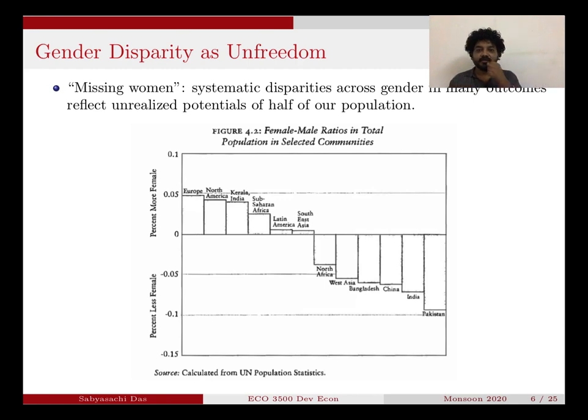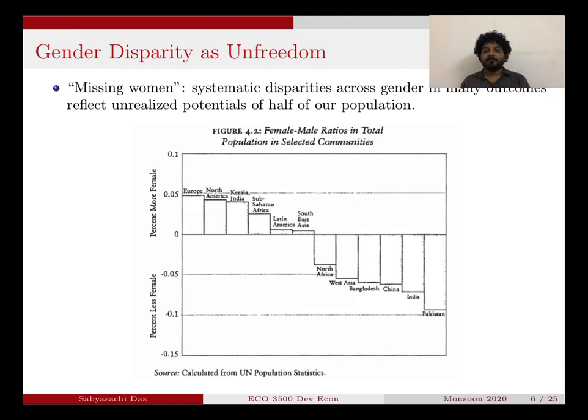So what's the next topic? Again, another big topic within the list of unfreedoms that can exist even in developed societies, or even in spite of economic prosperity happening in any society, is of course gender disparity.